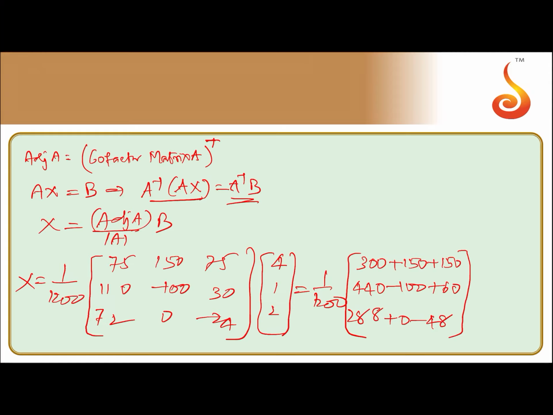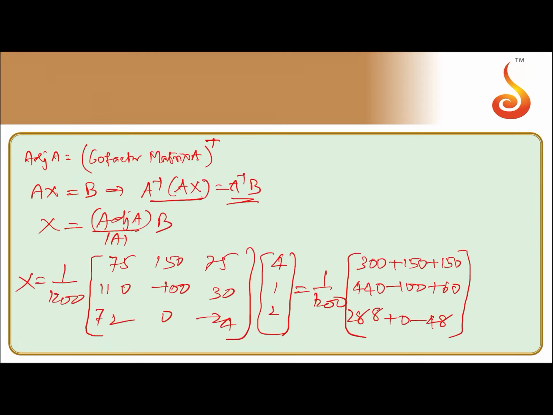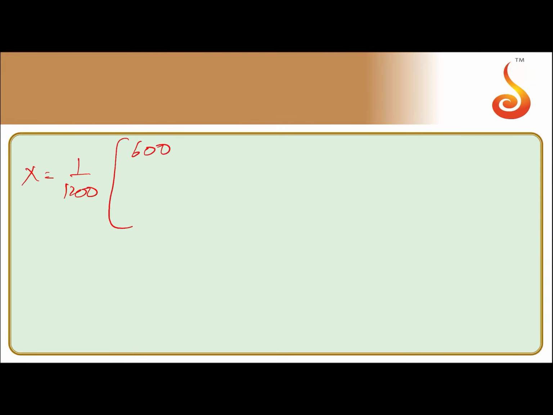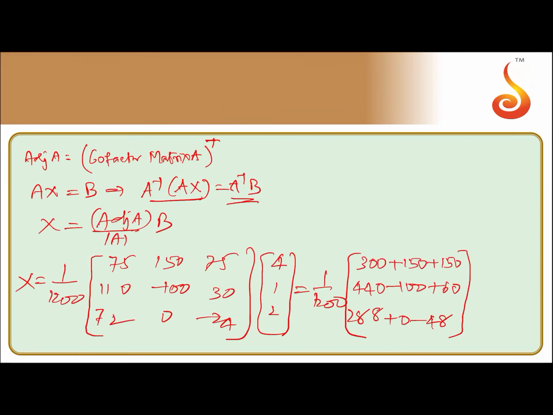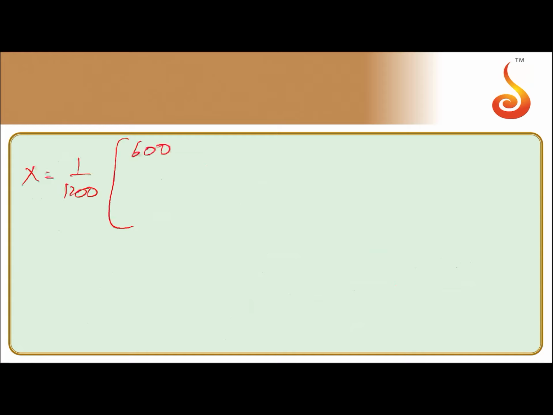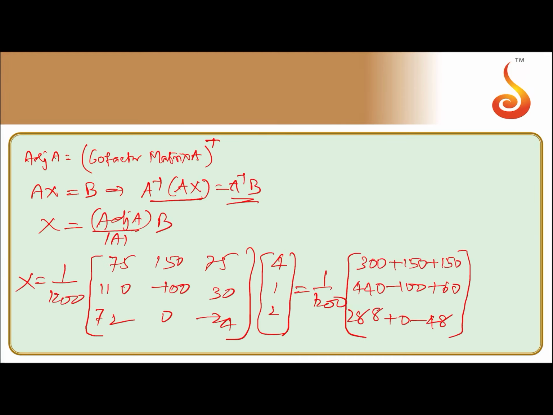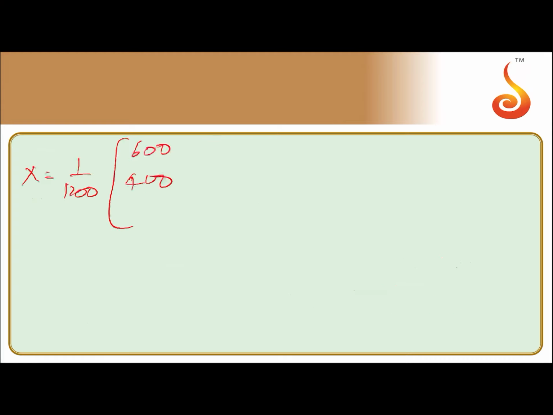And therefore, I'll write here 1 by 1200. X is equal to 1 by 1200 times 300 plus 300 is 600. Next, 400 plus 60 is 440, plus 60, 500 minus 100 is 400. And 288 minus 48, 240.